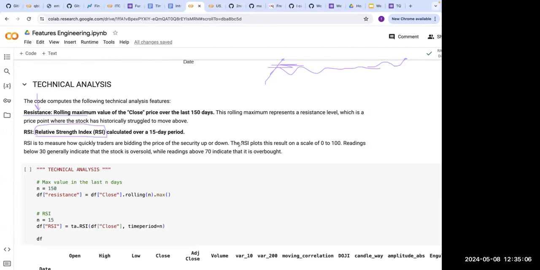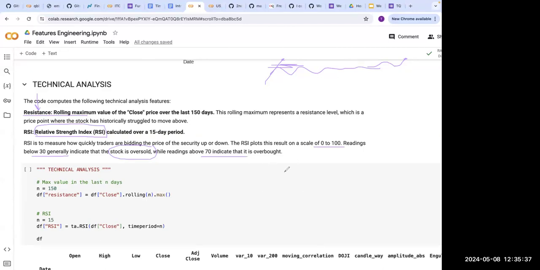It is on a scale of 0 to 100, and if we see that the reading is 30 or below, then it indicates that the stock is currently oversold. Oversold means people are just selling it, not buying it much because of the current movement. While readings like 70 plus indicate it's overbought. So people are heavily buying it, even though it's not capable of making those profits, right?